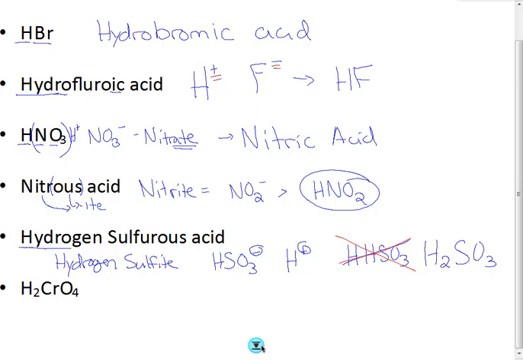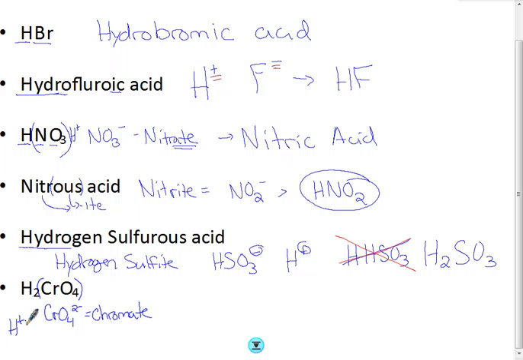Okay, the last one is very similar, H2CrO4. Okay, now I can look and see if this is a polyatomic here. All right, and what I do is I find that CrO4, if I look, about 3/4 of the way down, CrO4 is chromate, and that's a 2 minus, is the chromate. Okay, and if I want to mix that with an H, I've got H plus.